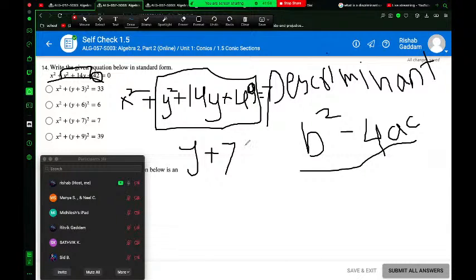So we have 7 times 7 as 49, and 7 plus 7 as 14. So we can have y plus 7 squared, and we have x squared plus this right here, and we have it equal to 7. And this is basically the same thing as this. So we get our answer, which is the third thing from the top.